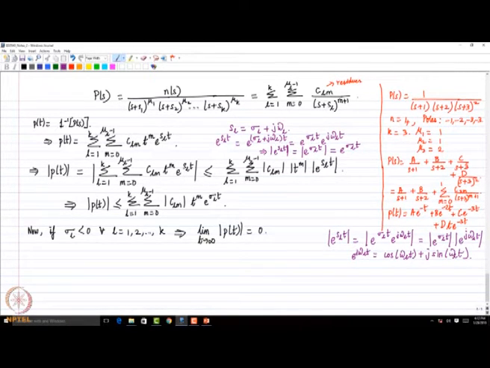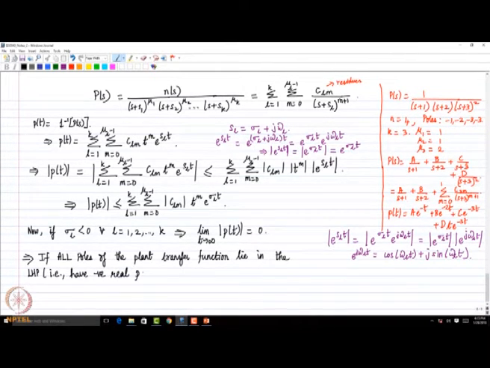So to summarize, we see that if all poles of the plant transfer function lie in the LHP, that is, have negative real parts, then the system is BIBO stable.